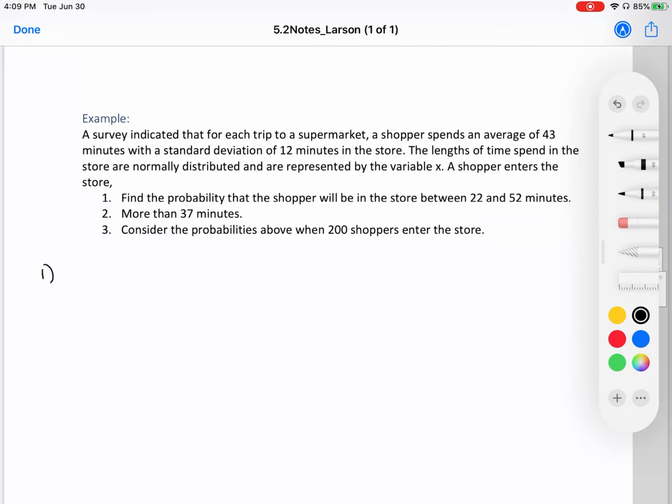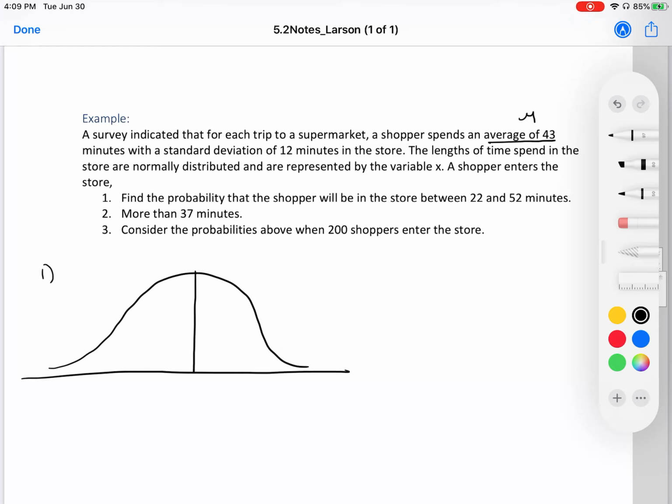So, 1. We need a mean. We're told we have an average of 43 and a standard deviation of 12. And now each part is asking for a certain value. For 1, we want the values between 22 and 52.